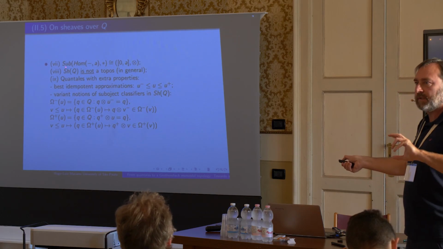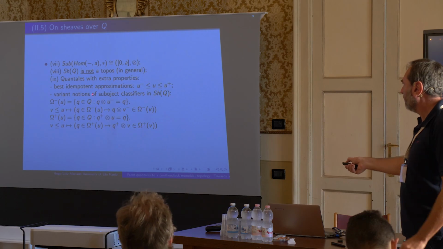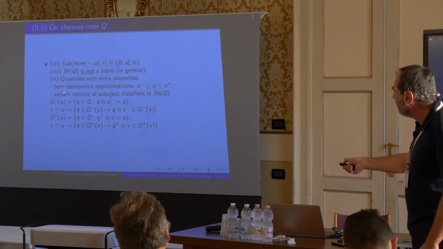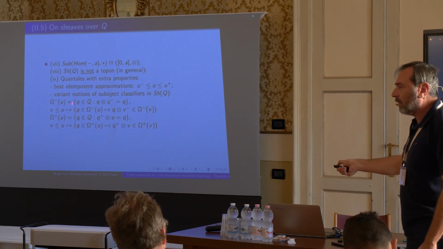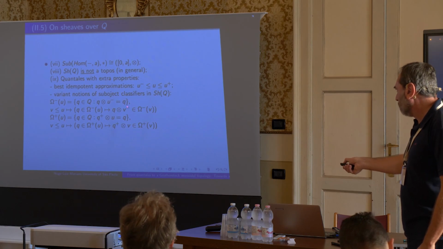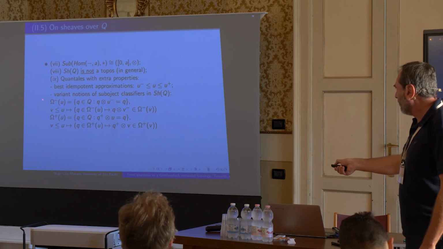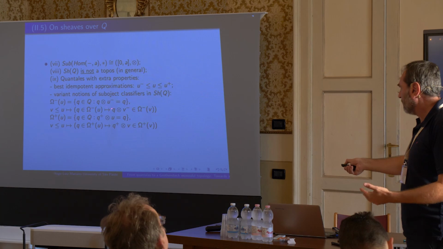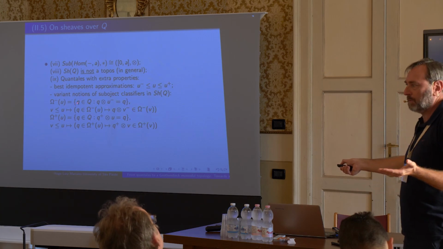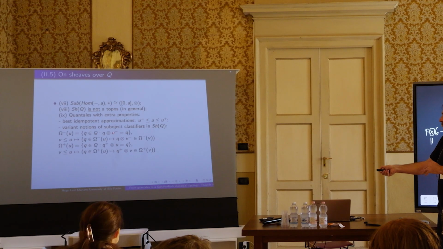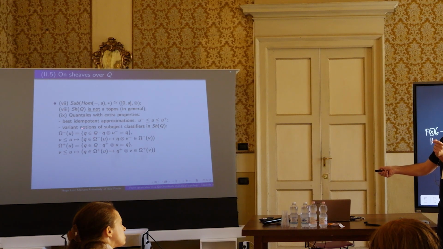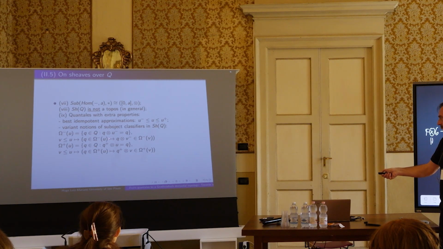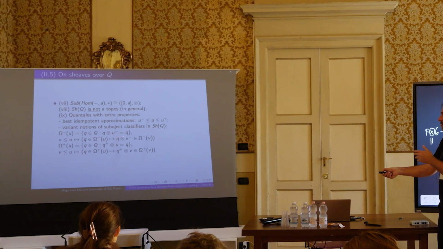We have some variant notions of subobject classifier that in the case of locales coincide. This one, for omega minus, is not so difficult, but they do not classify all subobjects, just some monos, and the classification is not one-to-one. It's more like a surjective classification.